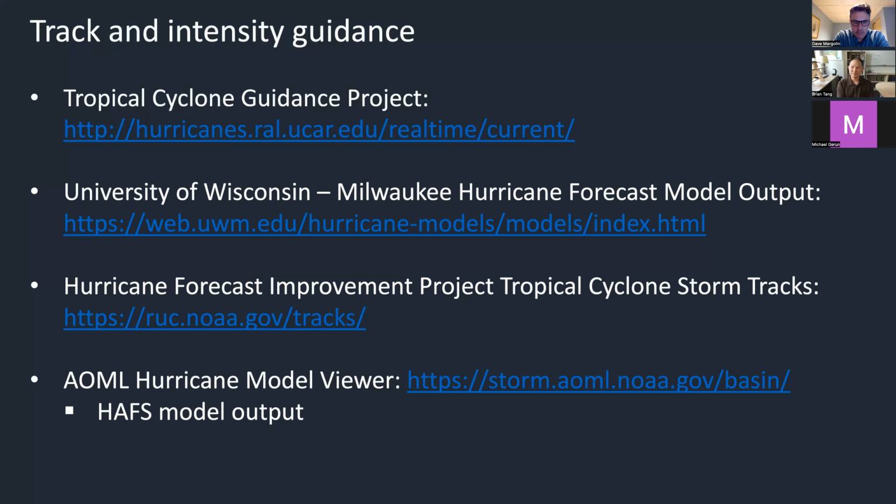That's the FV3-based hurricane model that they have a variety of diagnostics for. It's a really great resource, and particularly if you want to really dig into the environment around tropical cyclones and the tropical cyclone structure itself, it's a really great tool.